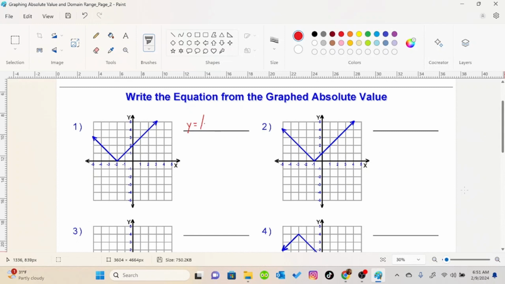Then we have absolute value of x, and we see that this shifted left 2, so we're going to put plus 2 inside the absolute value symbols. It does not shift up or down, so we don't subtract or add anything after the absolute value symbols. So the equation for number 1 is y equals the absolute value of x plus 2.